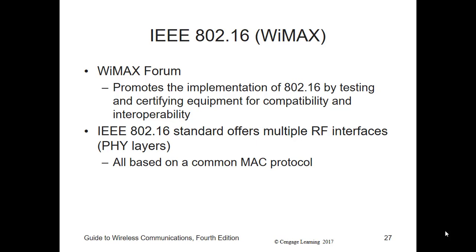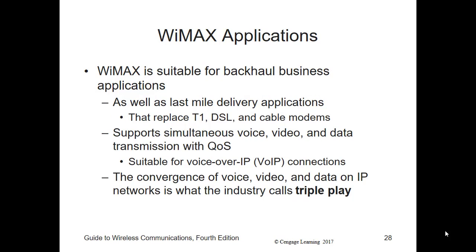Now, with data rates of up to 70 meg per second in the 2 to 11 gigahertz bands and up to 120 meg per second at short distances in the 10 to 66 gigahertz bands, WiMAX is suitable for backhaul business applications as well as last mile delivery applications.